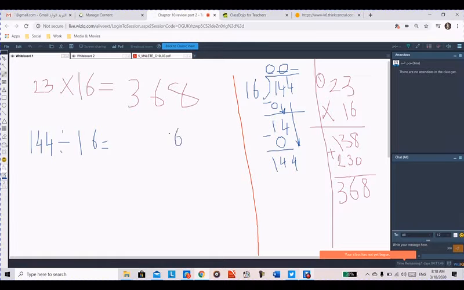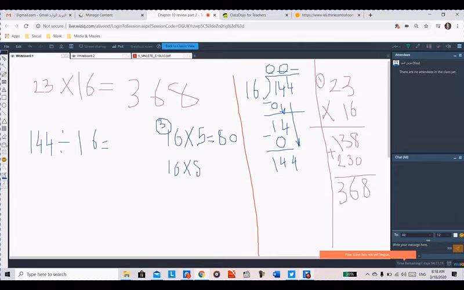Let's start with 5. 6 times 5 equals 30, 0 and carry 3. 1 multiplied by 5 equals 5 and 3, 8. It's far away from 144, so you have to multiply by a number greater than 5.